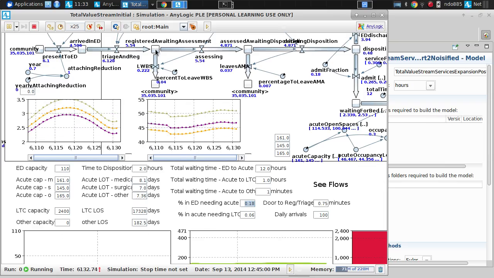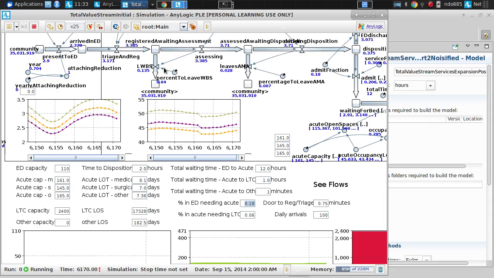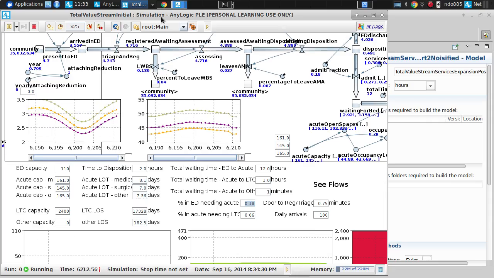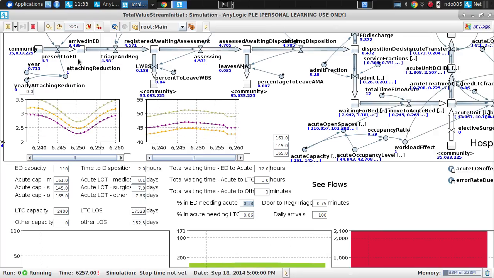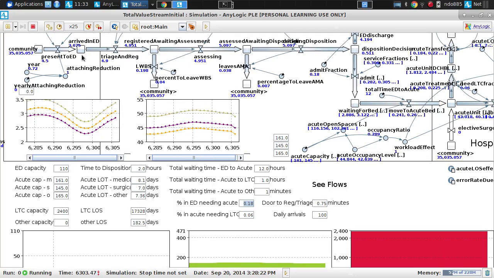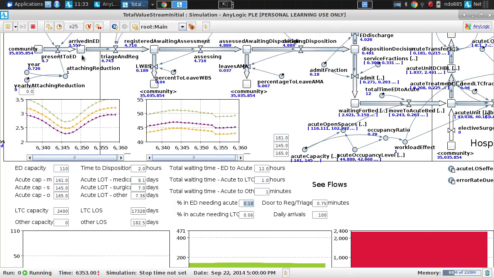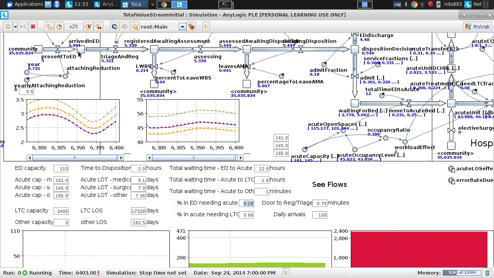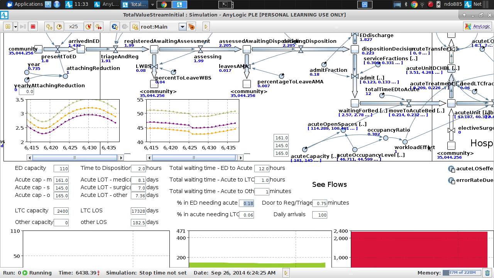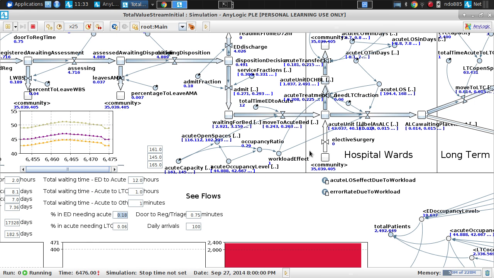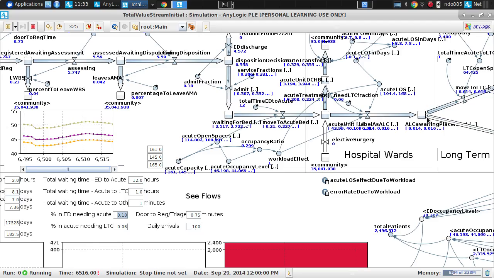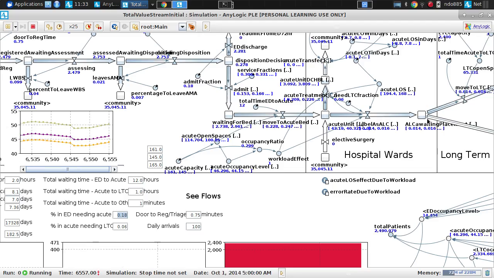So you can't ask in a model like this, tell me the distribution of how long patients have taken to go from ED through to ALC status. You can't ask that because there's not the ability to articulate things at an individual level.